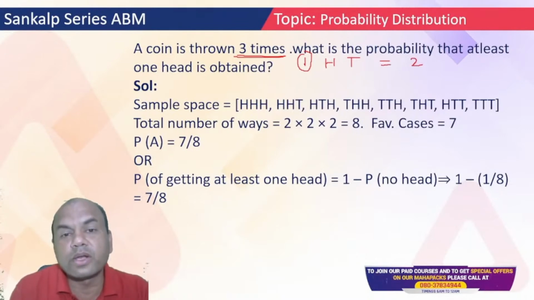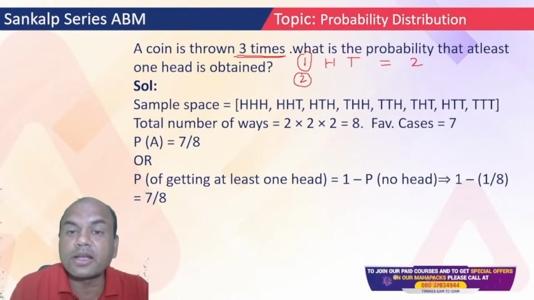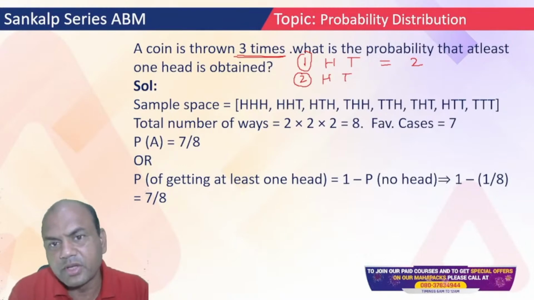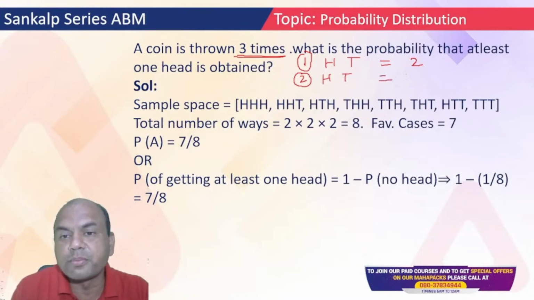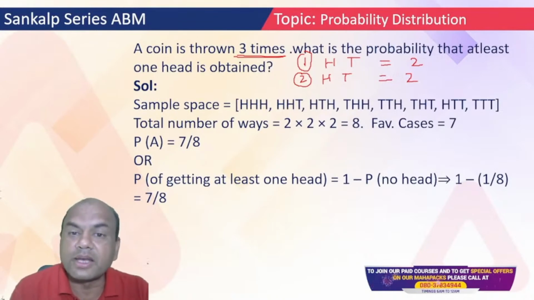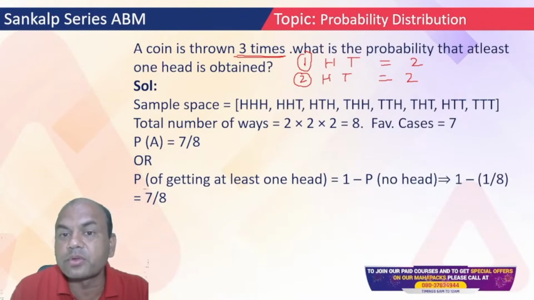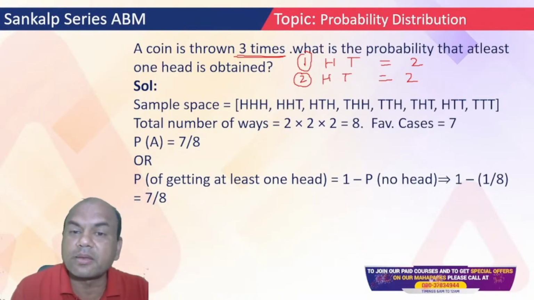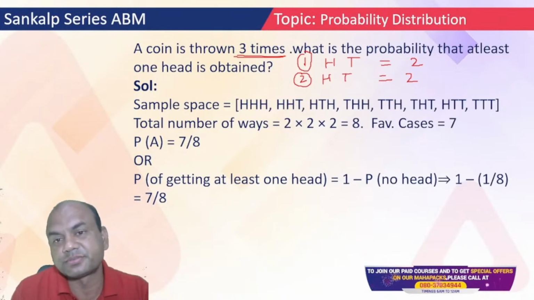If I throw the coin 2 times, again I might get head or tail, anything, isn't it? So again, what are the outcomes? 2. Right? Now the third time, 3 times I am throwing. The answer is not 6.